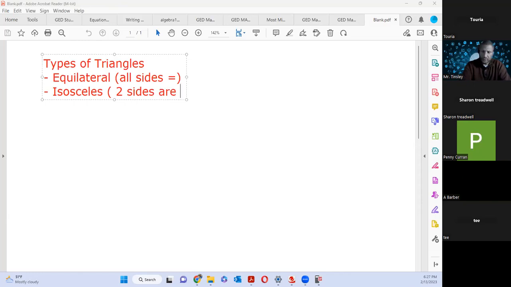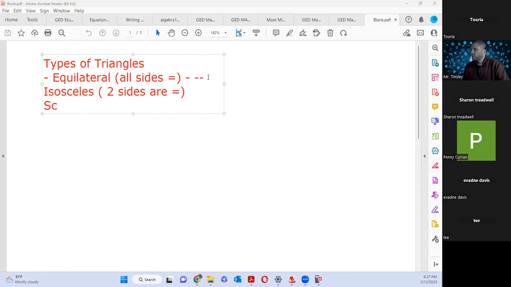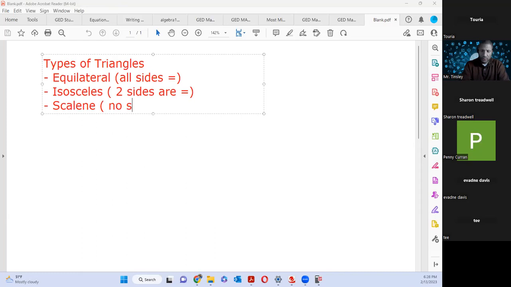And then does anybody know the third one? Scalene. That's it. Scalene. No sides are equal.